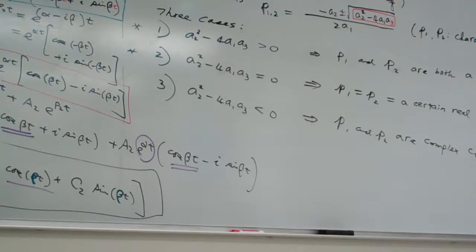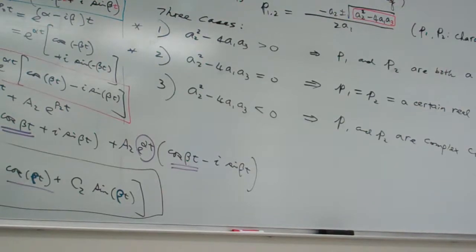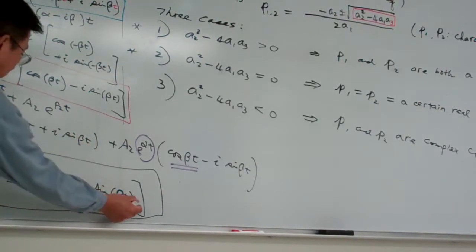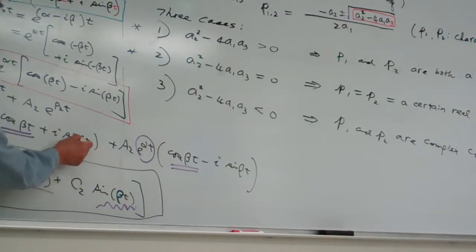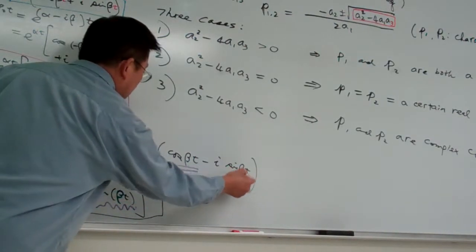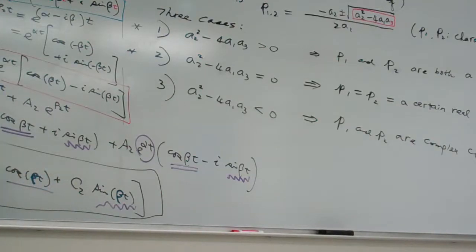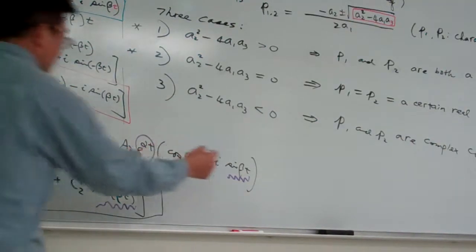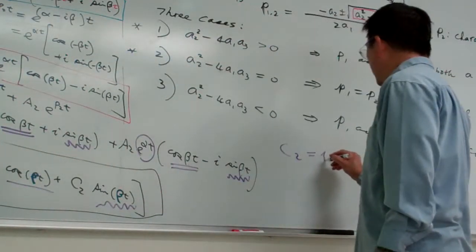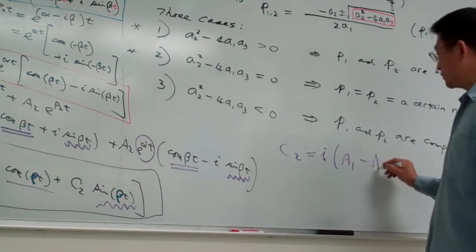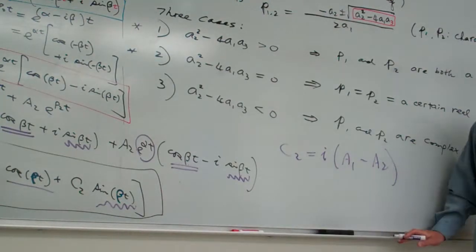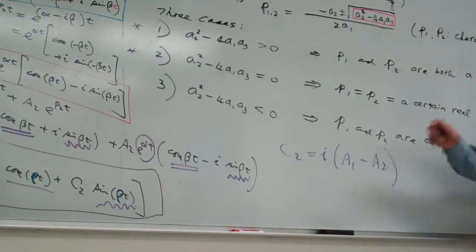And then, collecting this other term, it comes from here and here. So that means C2 equals i times (A1 minus A2). We are simply collecting the appropriate terms here.